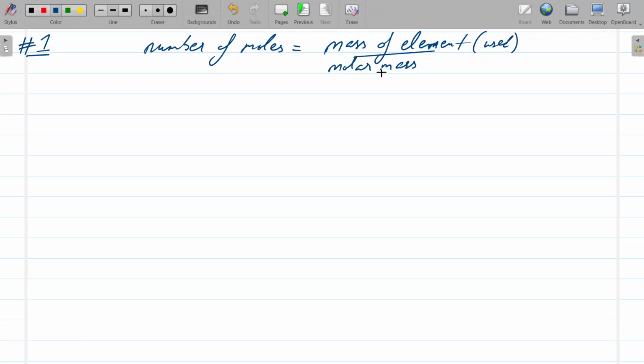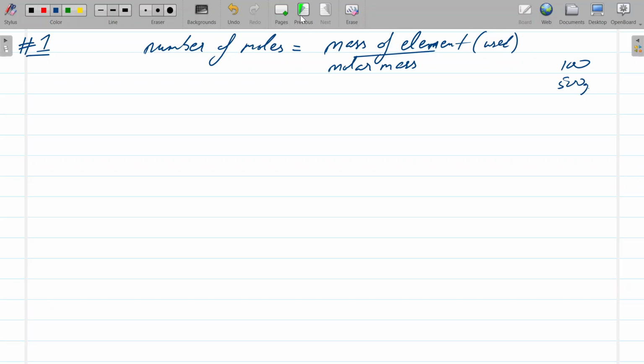Just like the molar mass of calcium carbonate is 100, and for example we are using 500 grams of calcium carbonate, how many moles do we have? We've got 500 divided by 100, which is 5 moles.